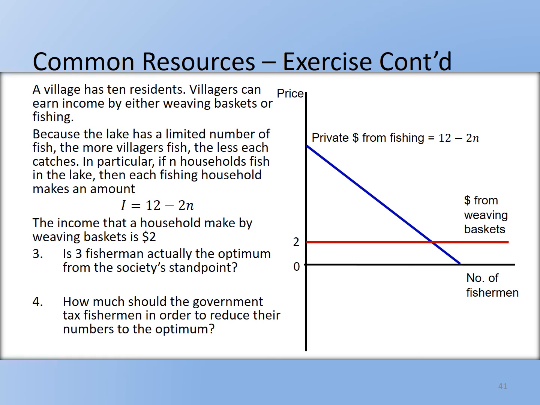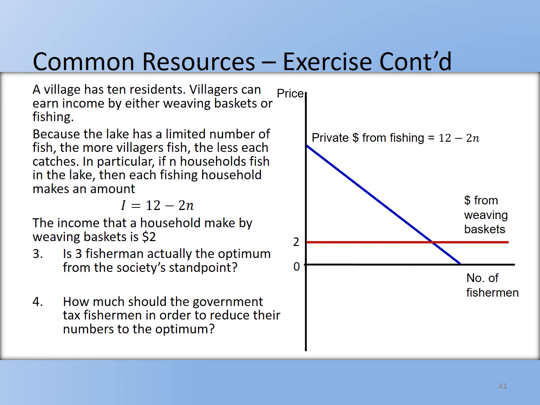We don't like monopoly maximizing its income because in that case, the reduction in output is inefficient. But in this case, we actually want some reduction in effort because of the negative externality. What I do affects you. So in this case, we want the village to maximize its income.